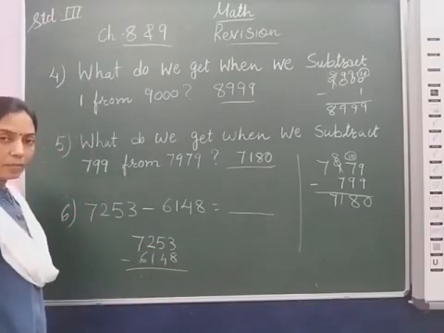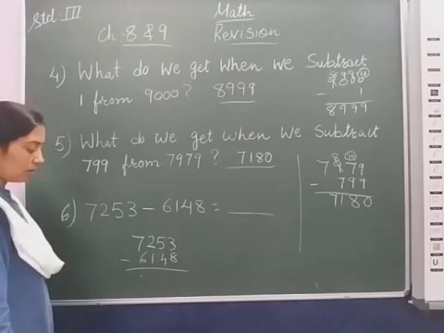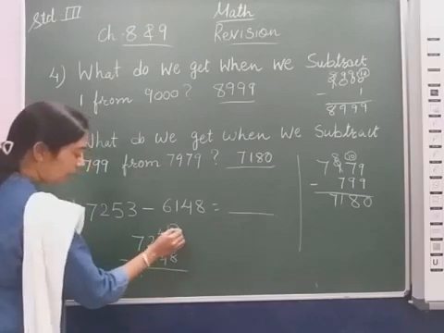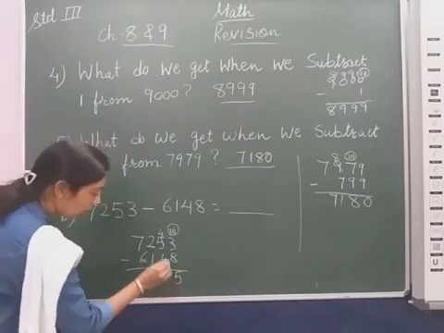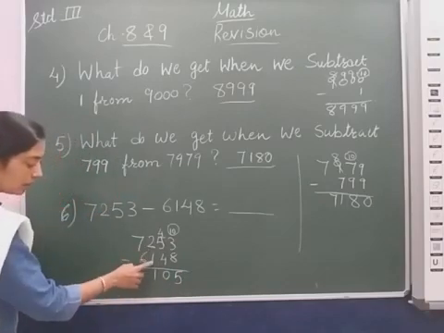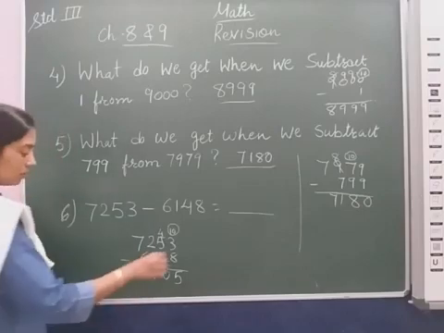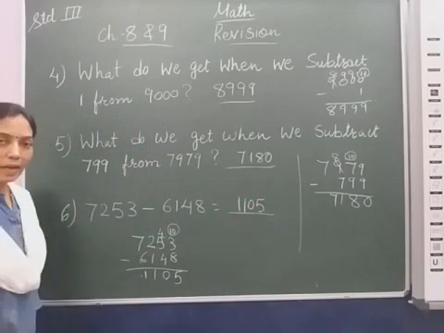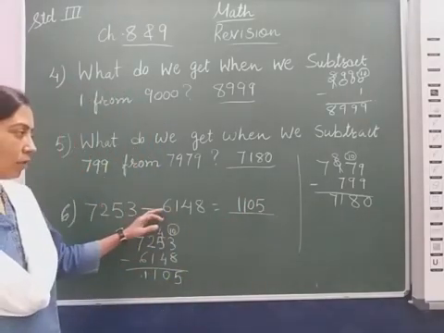Here the regrouping method. 3 minus 8 not possible, so 13 minus 8 will remain 5. 4 minus 4, 0. 2 minus 1, 1 remains. 7 minus 6, 1 remains. So our answer is 1,105.